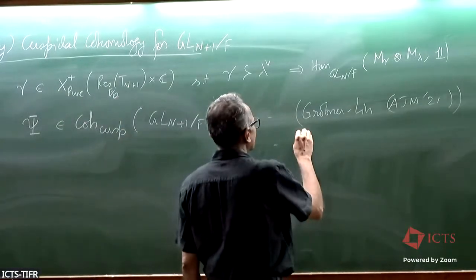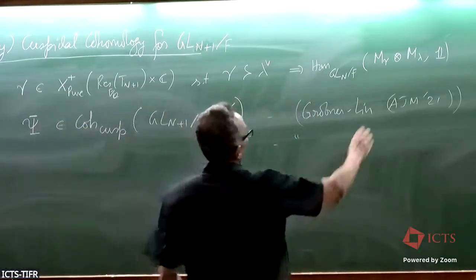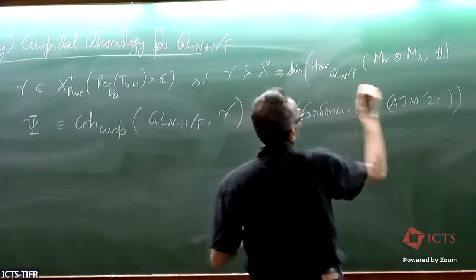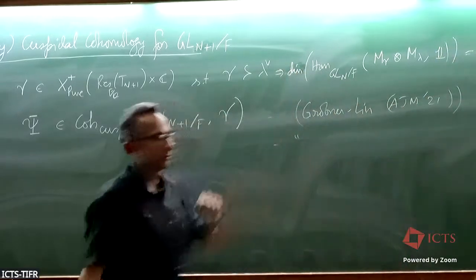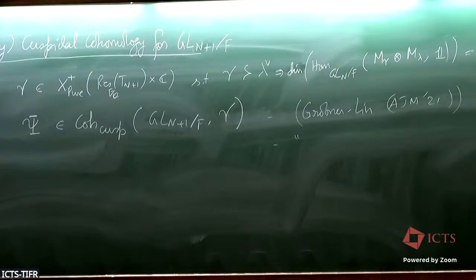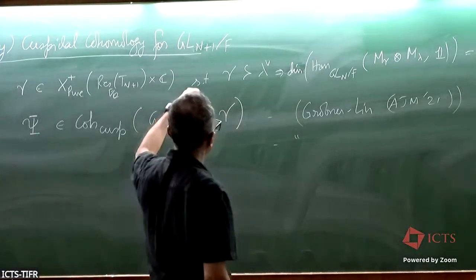So this is non-zero. This involves basically cleverly cooking up an algebraic Hecke character of a degree n plus 1 extension.